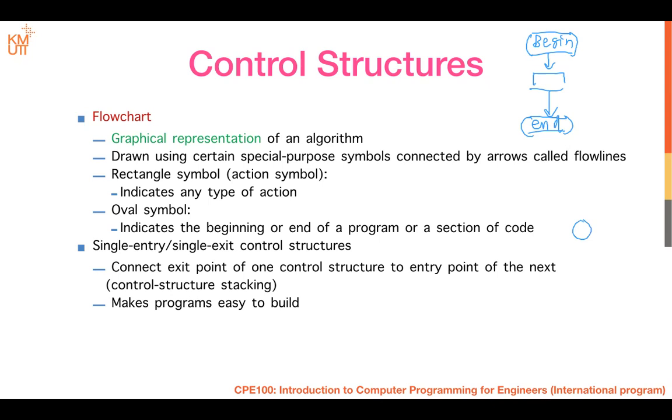If you do many things in the flowchart and go to the end of the page, and you want to connect to the next page, you can use this. This is single entry, single exit. And for the other page, you can start with this one, and then go on with your process. Okay, this is a simple flowchart.